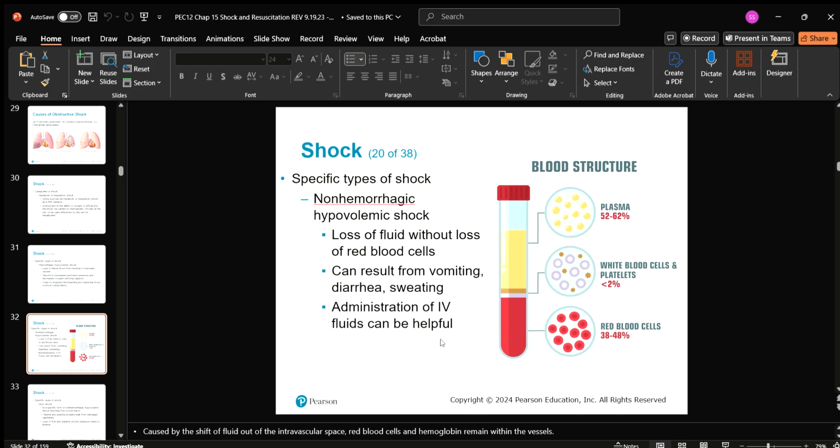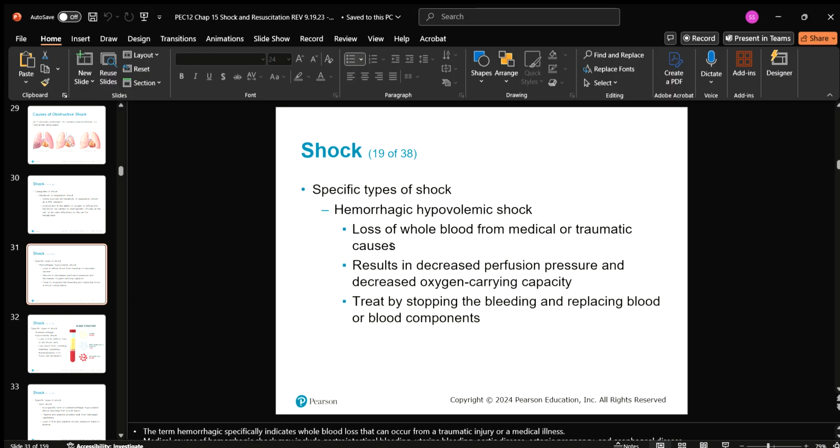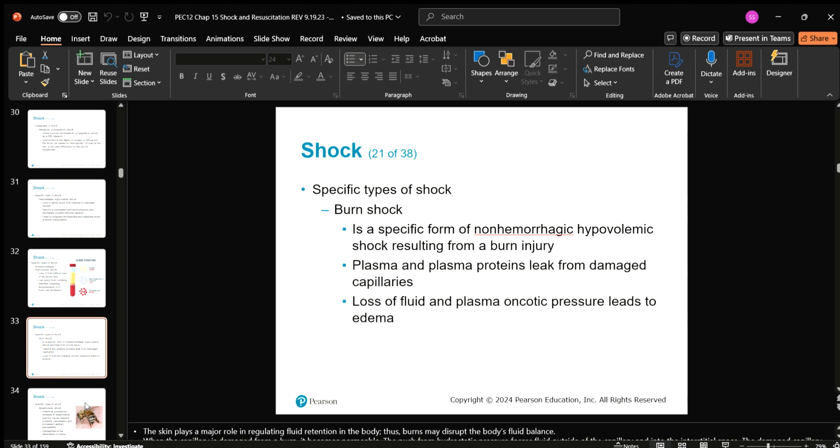But we can't give them IV fluids. If they are alert and oriented and they can hold something down, maybe fluids, but more often than not, we're going to withhold fluids from our patients. Especially in an instance like hemorrhagic shock because they probably have to go into surgery.